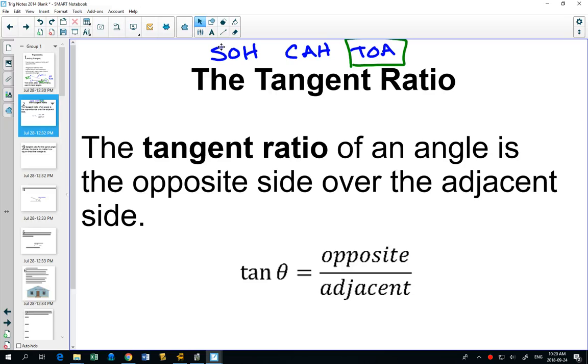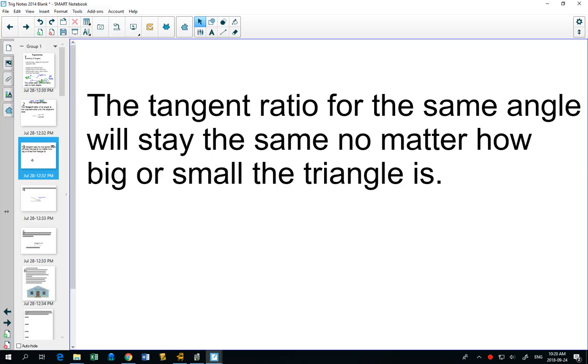Tangent of an angle theta is whatever the length of the opposite side is, divided by the length of the adjacent side. The tangent ratio for the same angle will stay the same no matter how big or how small the triangle is.